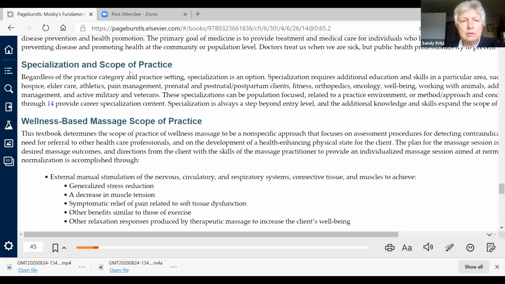So we go on and talk about scopes of practice here. We can even move into a specialization if you want. You can move into dealing with oncology care or athletes or supporting mental health or VA, post-traumatic stress. These are all areas of specialization where you don't learn new massage, you learn more about the periphery of that specialization. You can also specialize in a method.